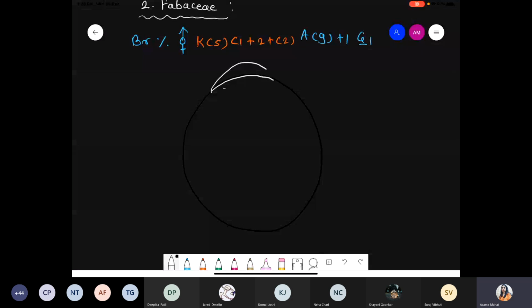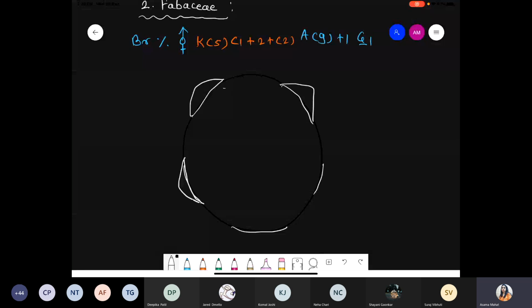C5, and they are showing attachment: 1, 2, 3, number 1, number 2, 3, 4, and finally this is the fifth. All of them are joined with each other. So C5, 5 inside the bracket.